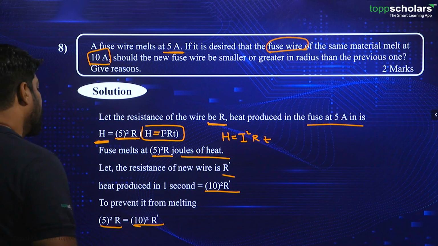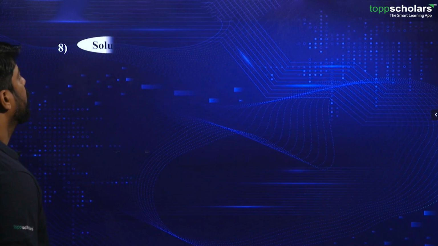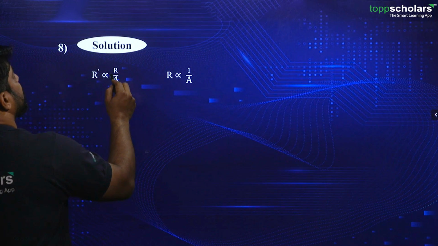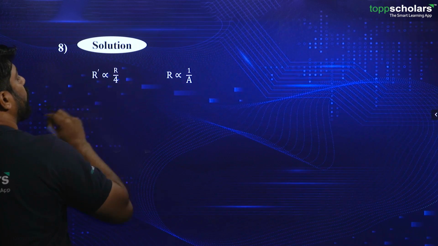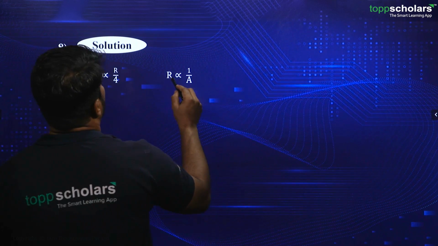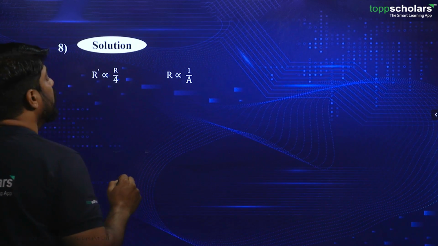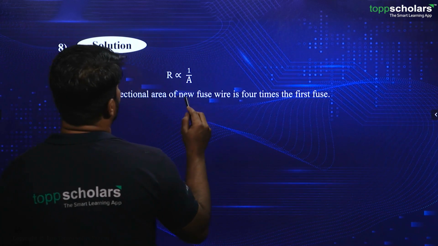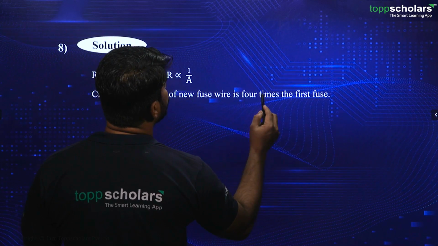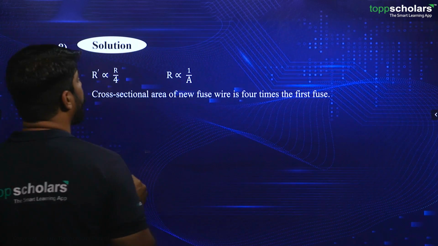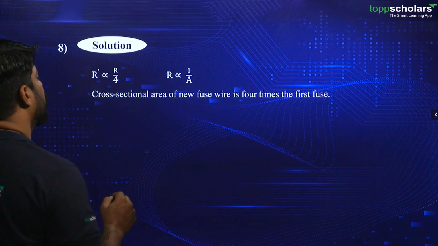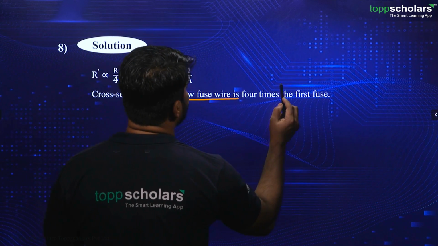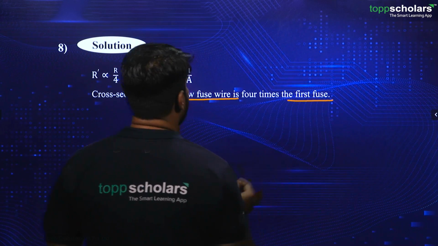So here we can see R dash is proportional to R upon 4. R is proportional to 1 upon A. So cross sectional area of the new fuse wire is 4 times the first fuse.